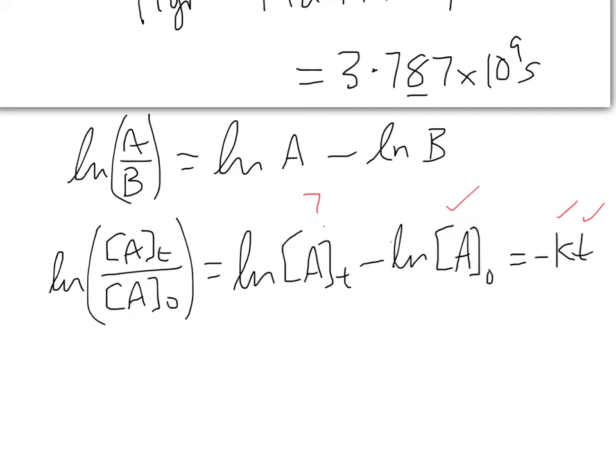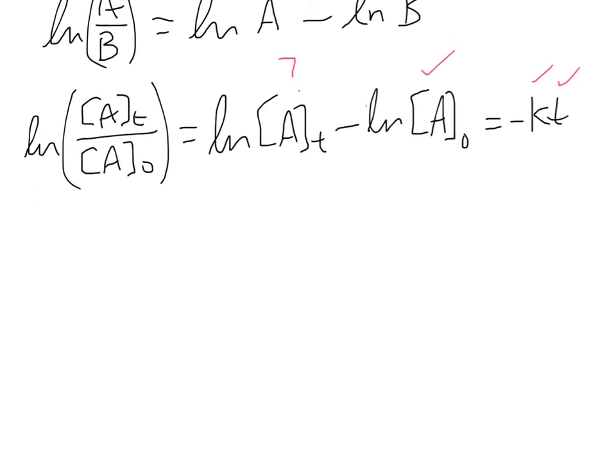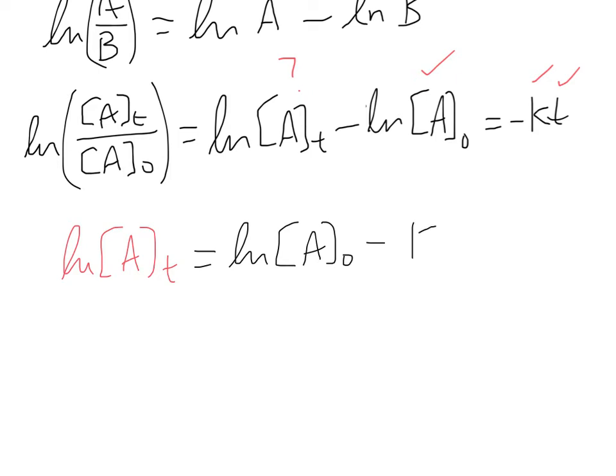So we can go ahead and manipulate the equation. We can say the log of the thing we don't know is equal to the log of the original concentration minus kt. So that's the log of the original concentration of carbon-14, which is 5.83 times 10 to the minus 11.